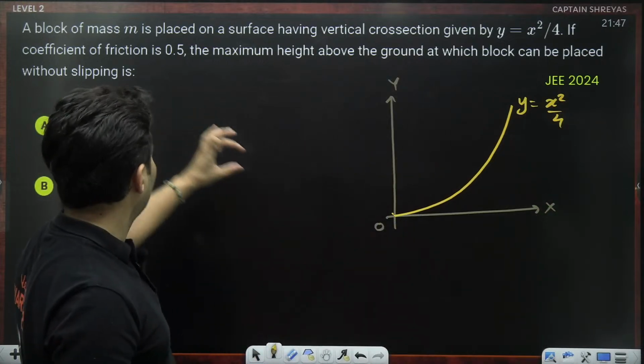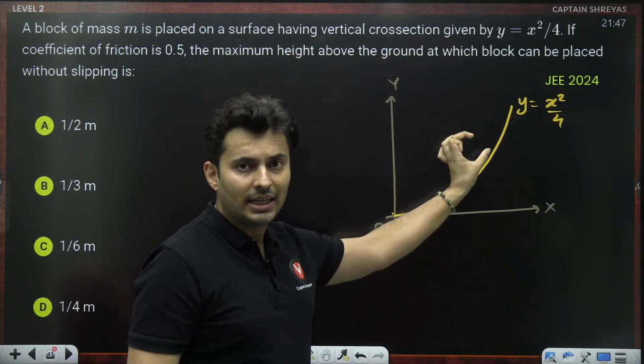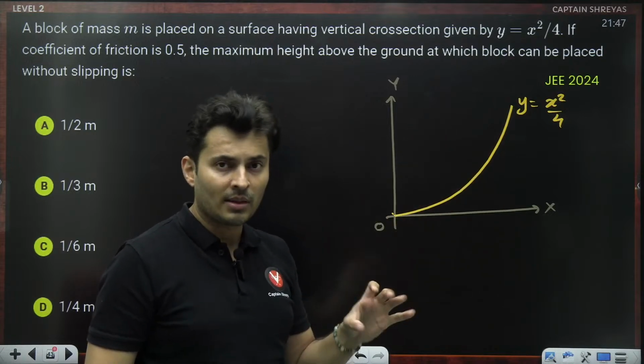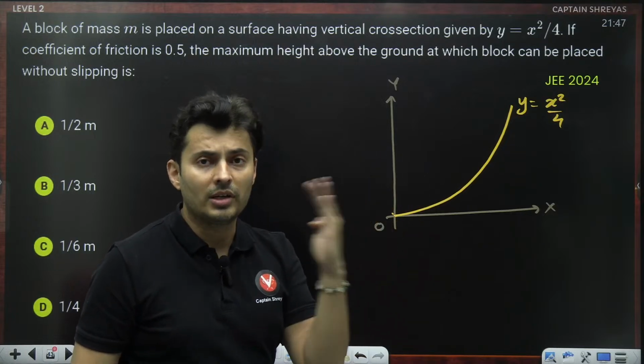As you place the block at different places, it becomes steeper and steeper. So the tendency to slip will increase, and then comes a point where it slips, where the inclination reaches the angle of repose.